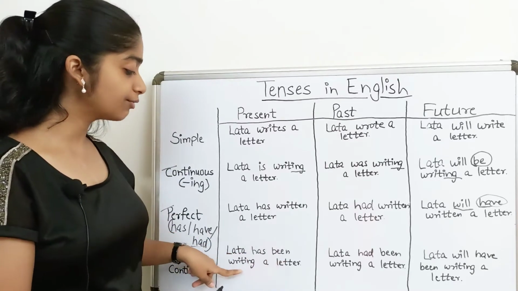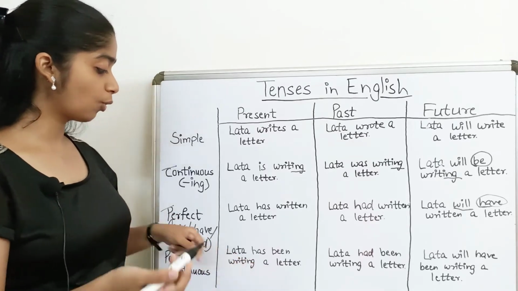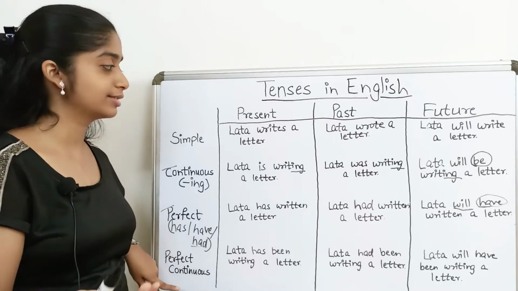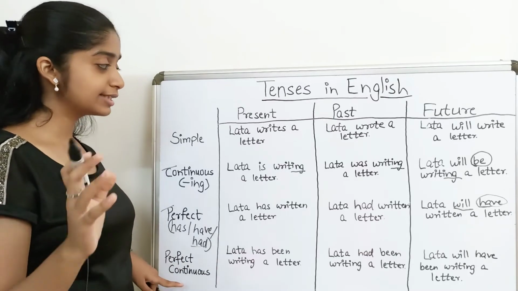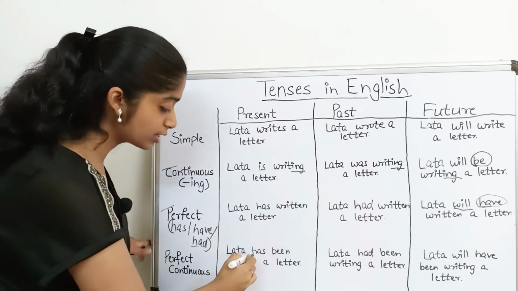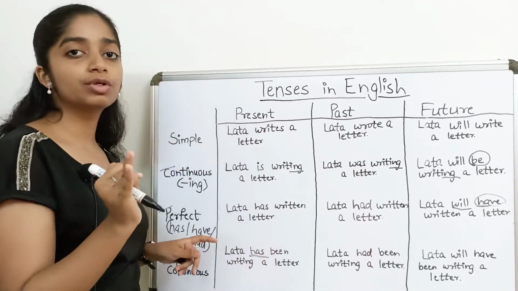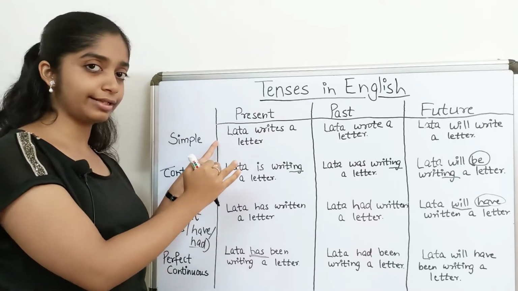Lata has been writing a letter. This is the present perfect continuous tense. How do we recognize if it is present? Because of the word has. I told you has and have will be used in the present tense.